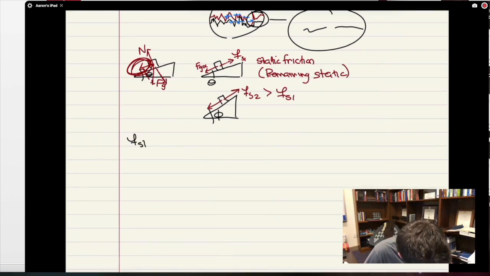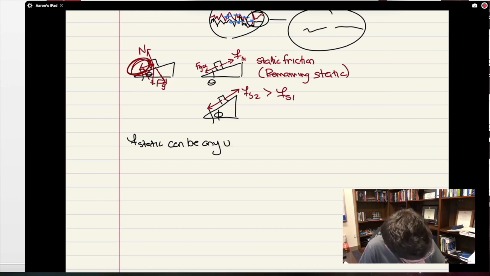So F static can be any value between 0 and some maximum value.